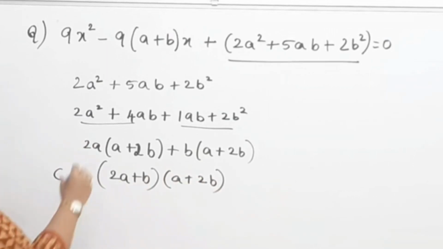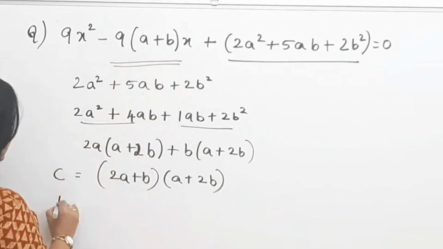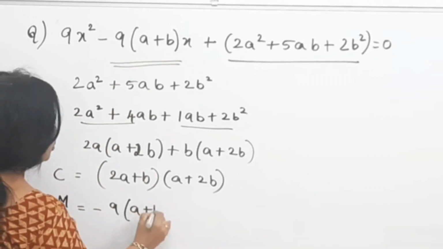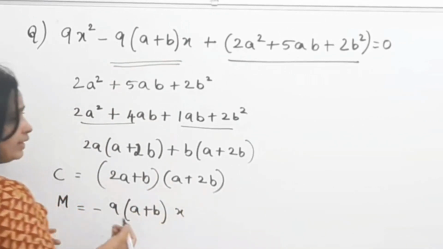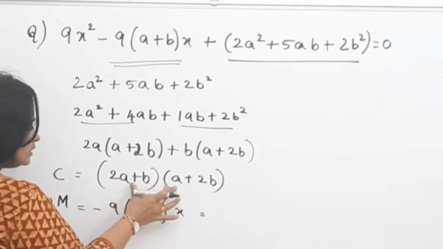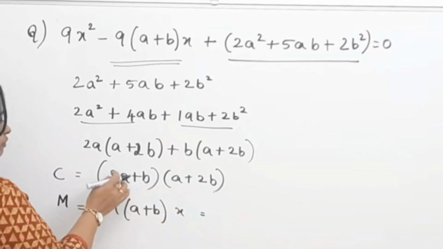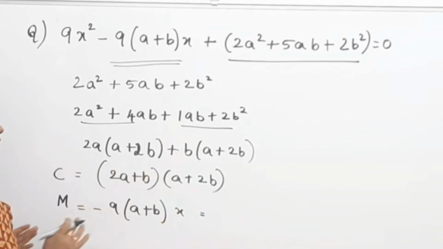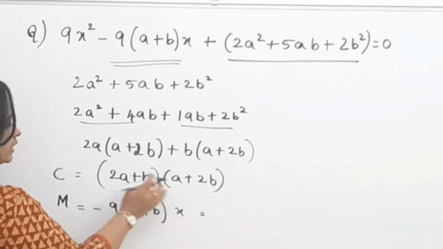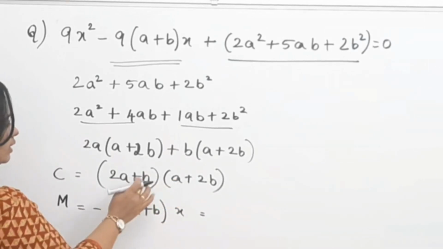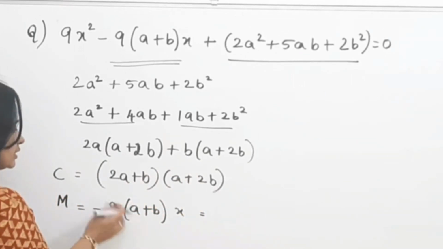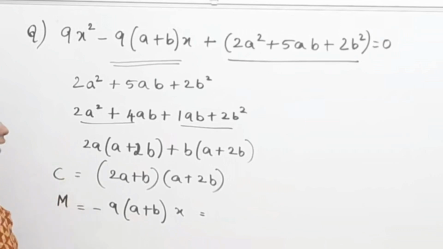Now I take the middle term. So the middle term says minus 9 into a plus b into x. So I can write this in terms of this one. Why? Because if I add 2a plus a, I get 3a, and this will have my 3b. So if 3 is taken outside, 3 3s are 9.